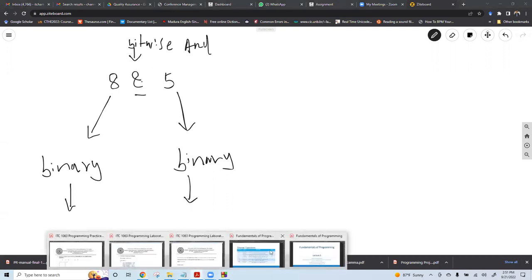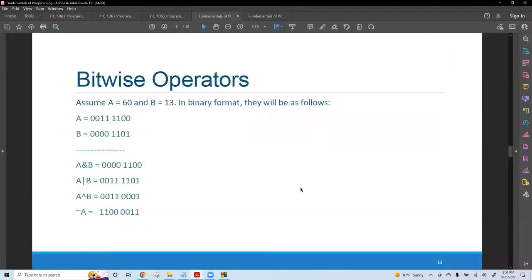Right. So bitwise operators. Suppose we have A = 60, B = 30. In binary format, they will be as A and B. Then A & B, remember there's one ampersand.